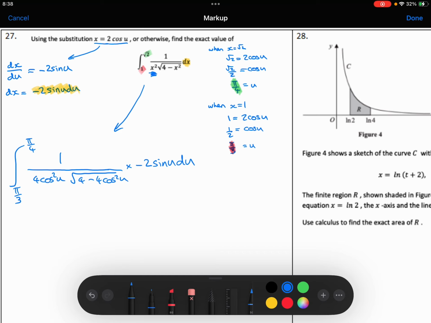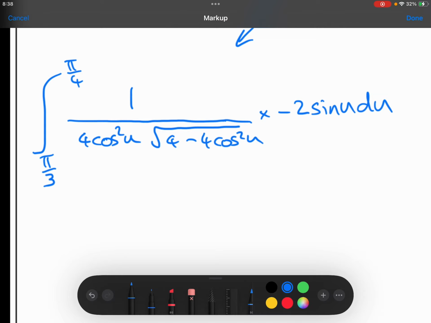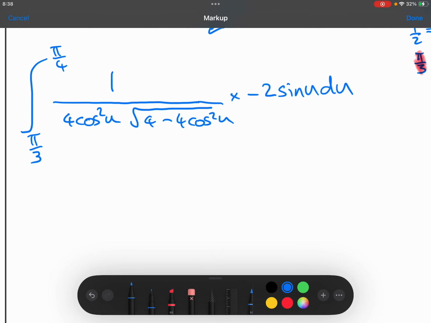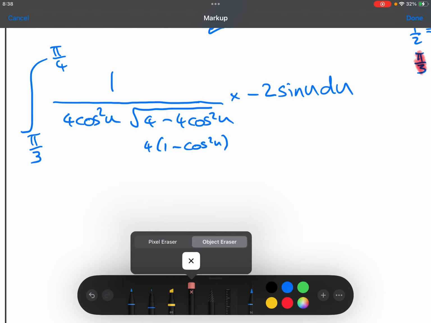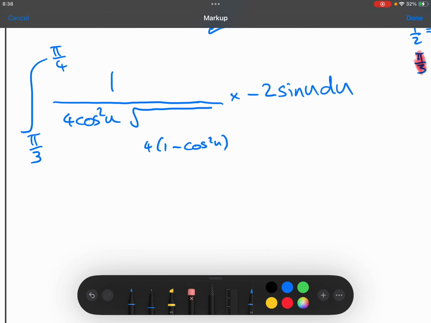Right, let's try and tidy this up a little bit. Let's focus on this square root here first. The 4 minus 4 cos squared, well, that's the same thing as 4 times 1 minus cos squared, just factorising the 4 outside. Well, this is just sine squared, right?